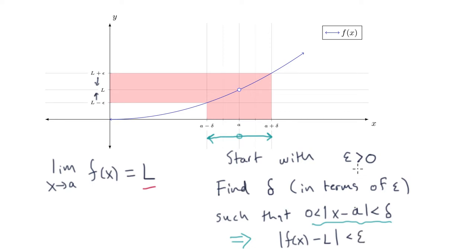So you give me an epsilon. My job is to find delta in terms of epsilon, such that when x is close enough to a, so within delta of a but not equal to a, the function values are all landing within epsilon of this L value. And that proves the limit.